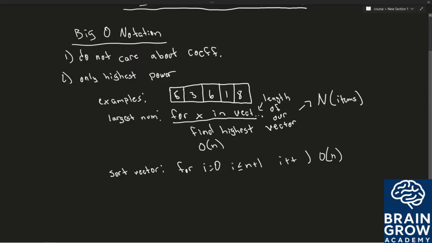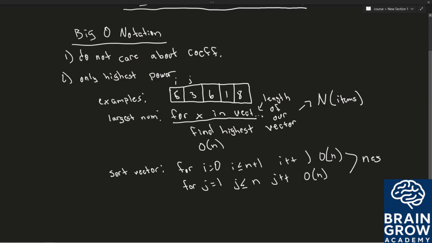So we need our index i, and then we're also going to need another for loop, and we'll say it is j, and we'll start j at 1, because we want to be able to compare i and j. Then we'll say j is less than or equal to n, j plus plus, and our big O notation here is O of n as well.